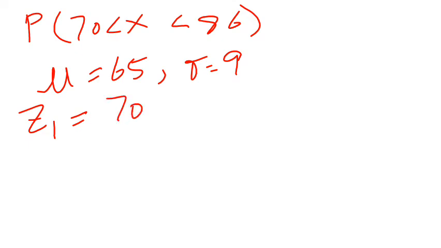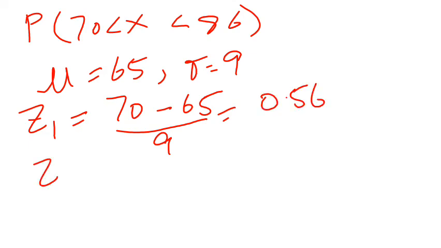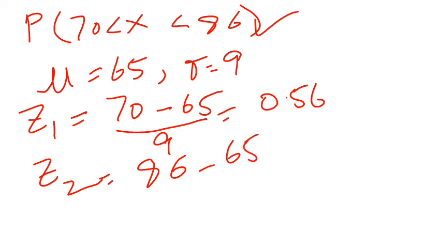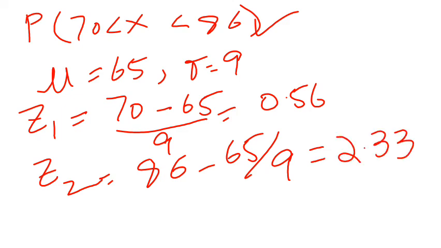We substitute x greater than 70 minus mu, which is 65, divided by 9. You can do the simple calculation, and I think z1 is 0.56. Similarly, we can get z2. For z2, we substitute x2, 86 minus 65 divided by 9, so it is 2.33. This is how we transform whenever you are given x variables.